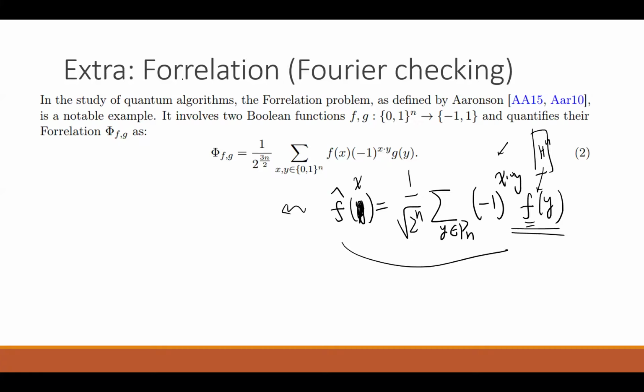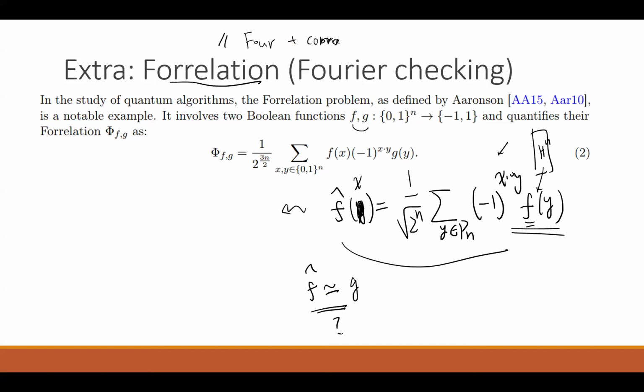So what Forrelation is asking is basically Fourier plus correlation. What this means is that I want to ask whether g is the Fourier transformation of f, that is, whether f hat and g are close enough.